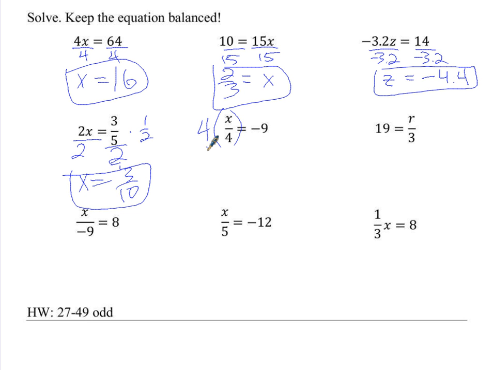I got to keep the equation in balance, so I'm going to do the same thing to both sides. On the left side, what do I wind up with? x. On the right side, what do I wind up with? Thank you, negative 36. That's my answer.